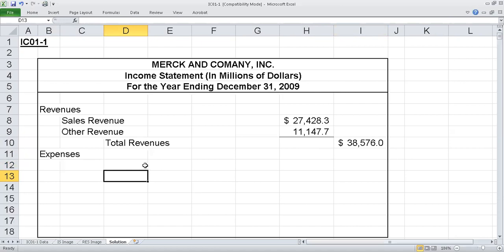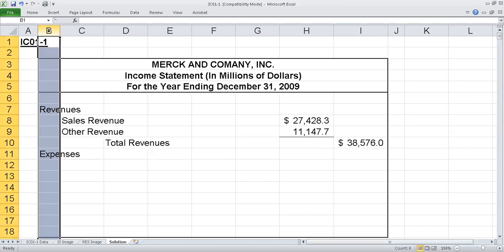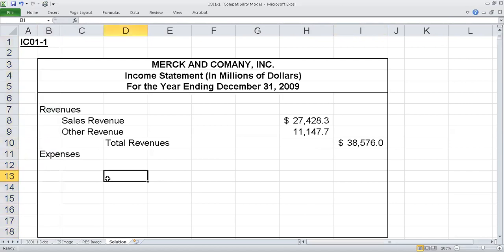And I might have done this a little bit differently if everything was all aligned with the left margin, right? But the indenting helps to make it nice and easy to read. And we put this subtotal here just for the convenience of the reader, just so they don't have to get out a calculator and add up these two revenue items.